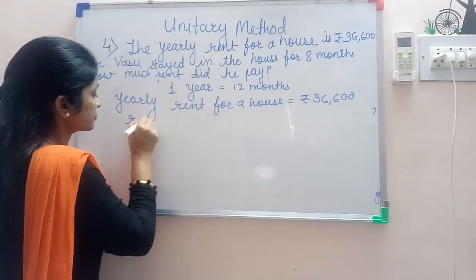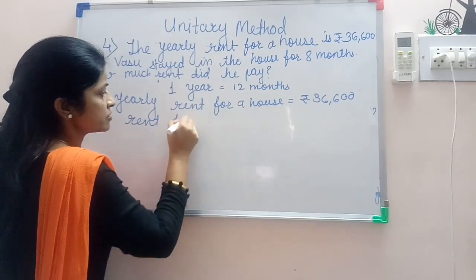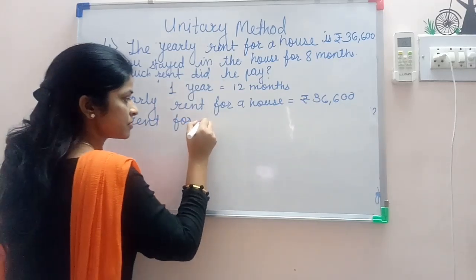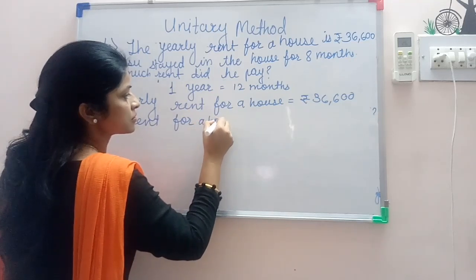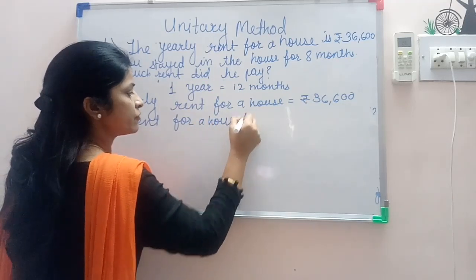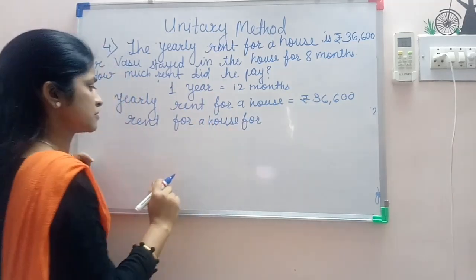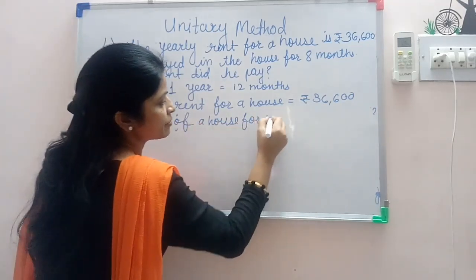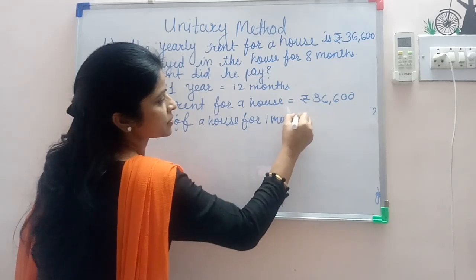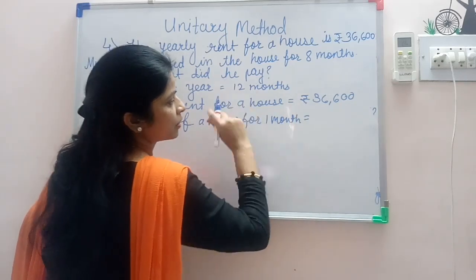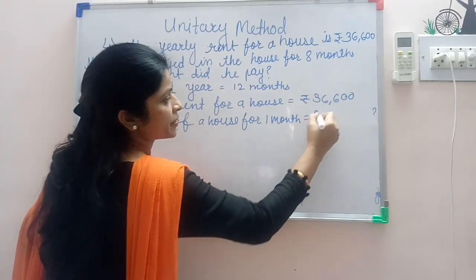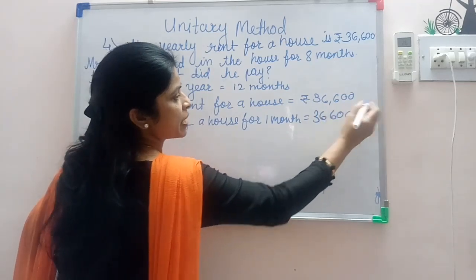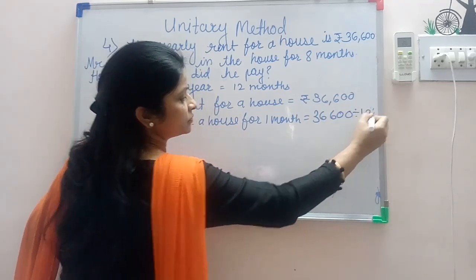Rent for a house for 1 month is equal to 12 months rent divided by 12.